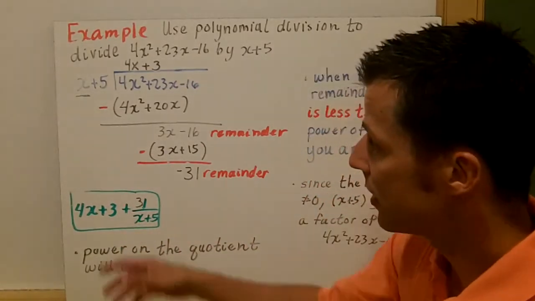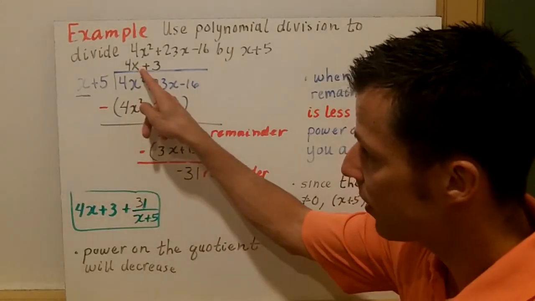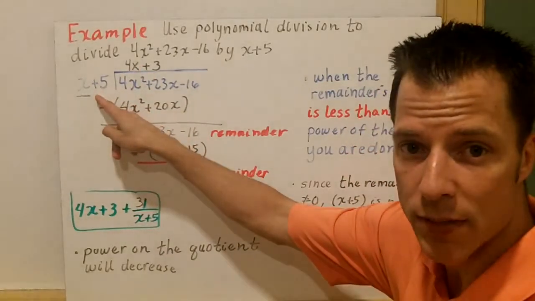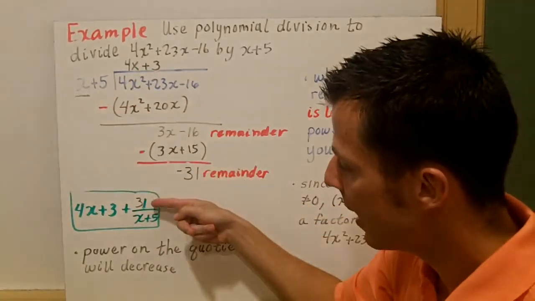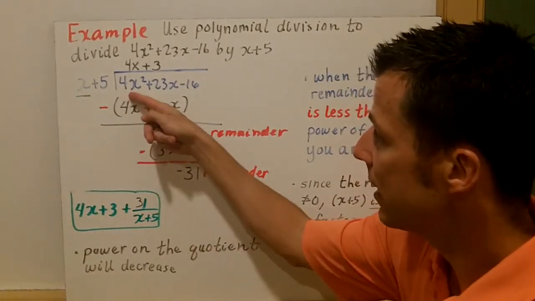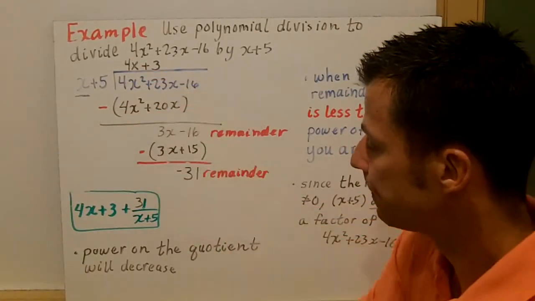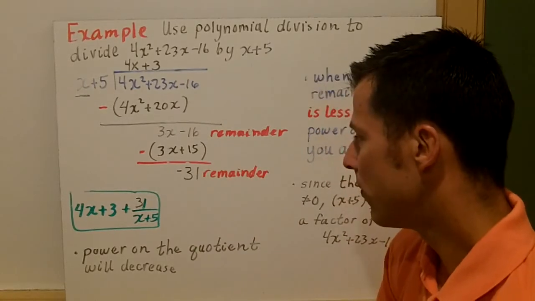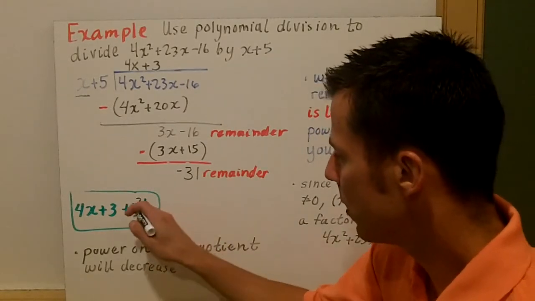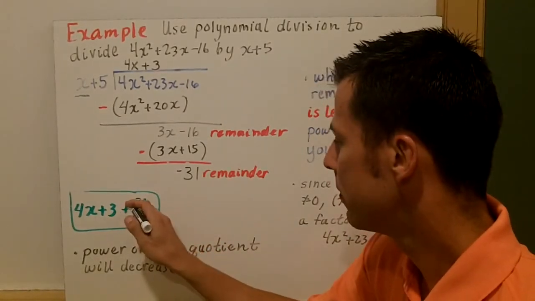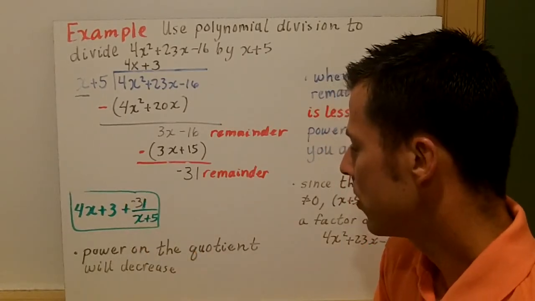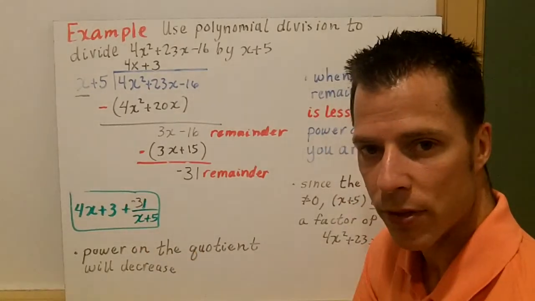So the idea here is if I took 4x plus 3 and I multiplied it by x plus 5, I would have to add 31 to that to get this value. Okay? And it's minus 31. Let me make sure I have that minus there. There we go.